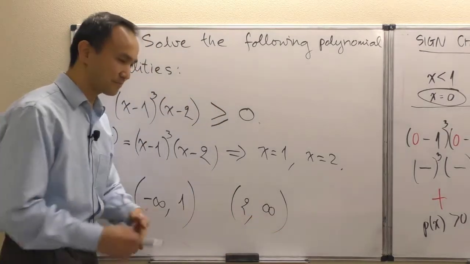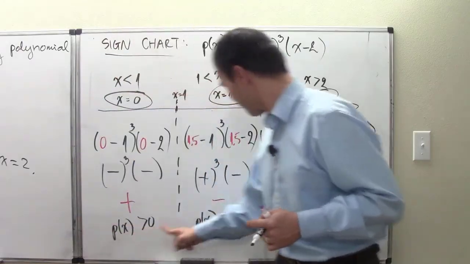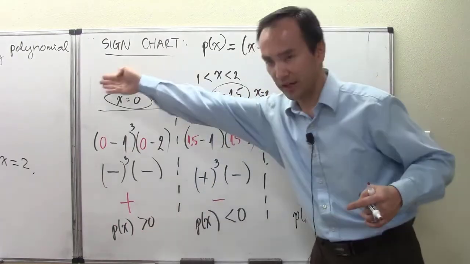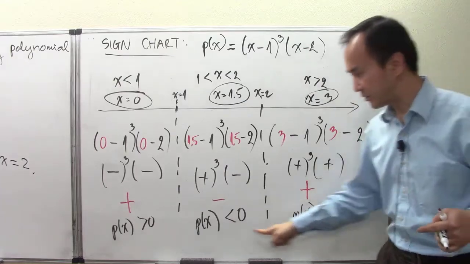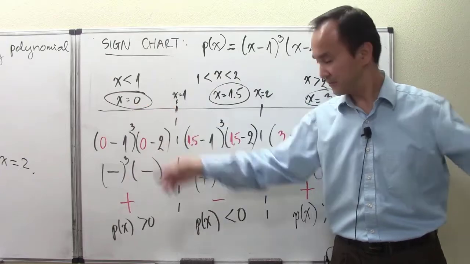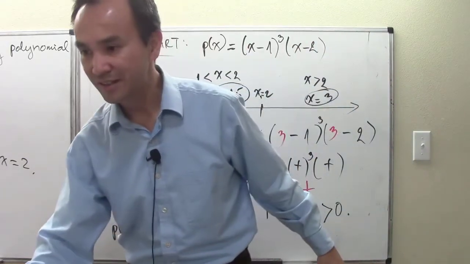Those are where our p of x is greater than 0: less than 1, greater than 2. These are the intervals where we met our requirements, where the polynomial has value above 0. That's why I came up with this.